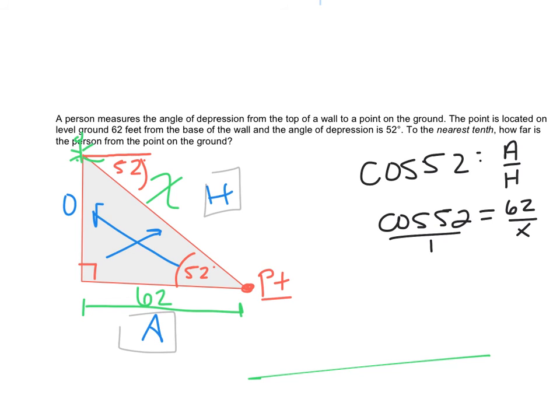In a lesson from a few days ago, we learned that when we want to solve, we cross multiply, so we get x cosine 52 equals 62. But here's the issue. X cosine of 52 is not a number, but cosine of 52 is. So the inverse of multiplying by a cosine of 52 is dividing by a cosine of 52.